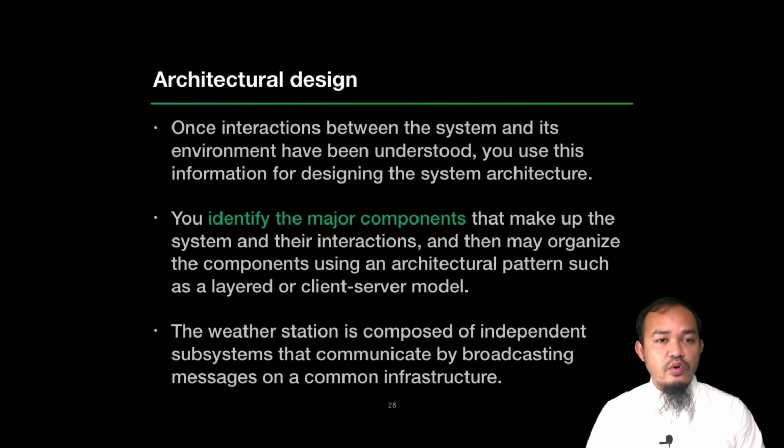The main point of architecture design is to identify the major components, how many components are inside the application or system, that make up the system and their interaction, and then organize the components using architectural patterns such as layer, client-server that we discussed. Okay, for example, here we discuss the weather station project, right?